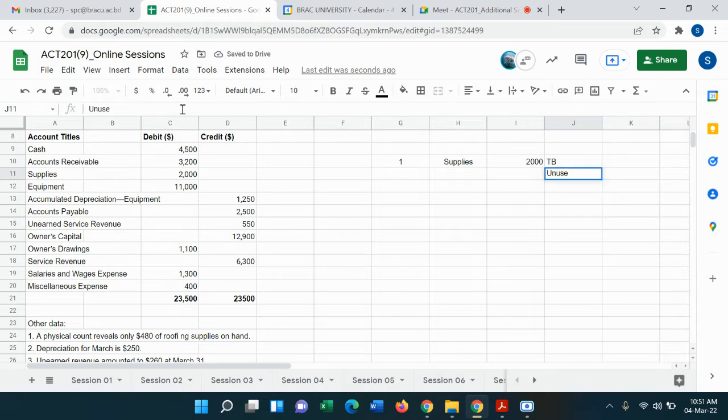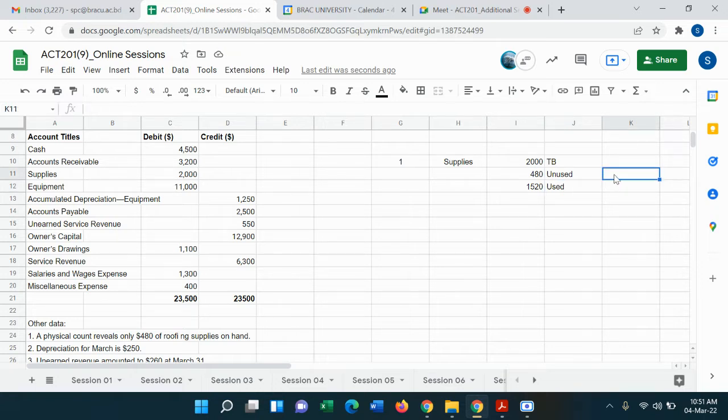So one portion is unused, another portion is used. Unused is 480. So what should be the used portion? 2000 minus 480, 1520. Thank you. So now we need to do the adjustment.